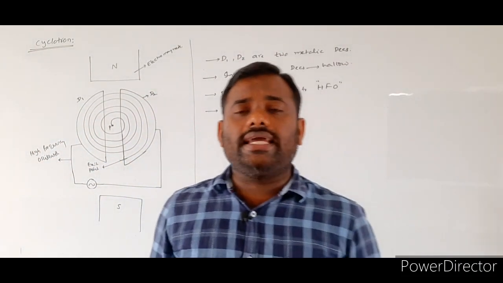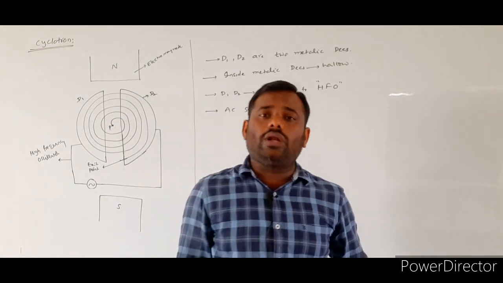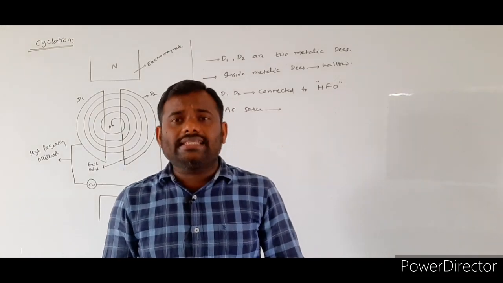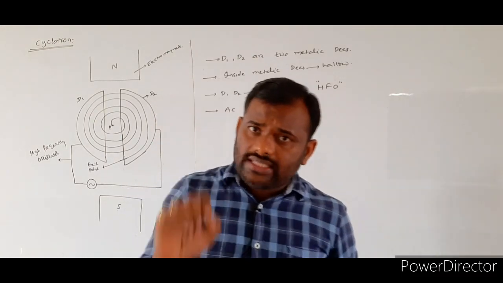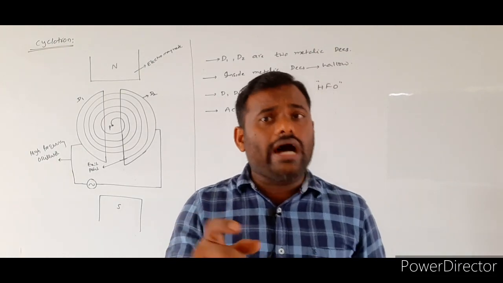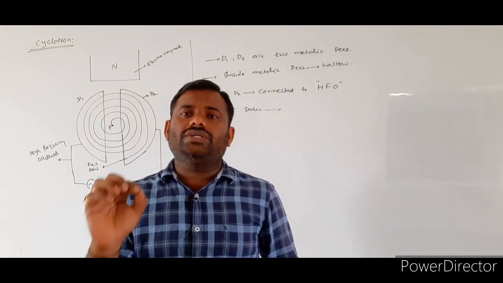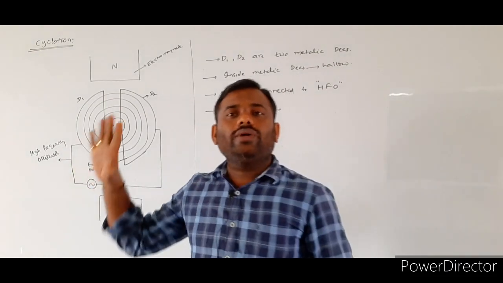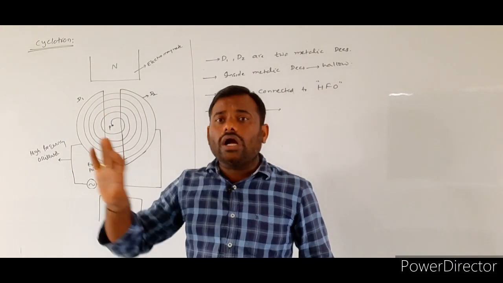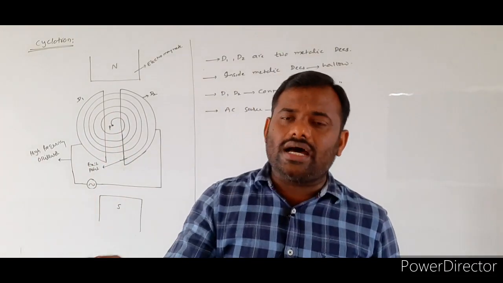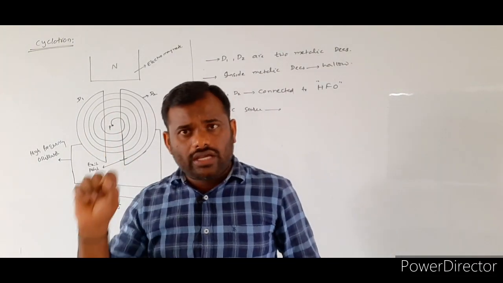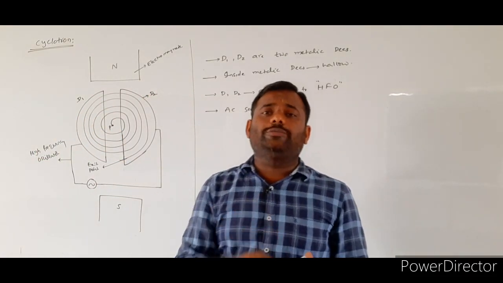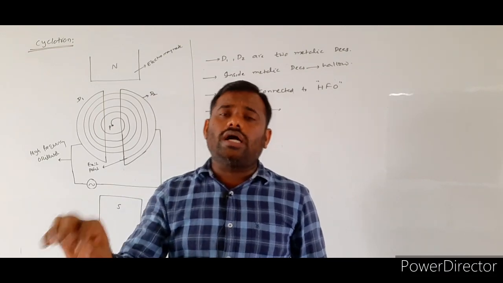Here, in the case of the cyclotron, which type of charged particles do we have to consider? We have to choose the positively charged particles. Always we have to choose a positively charged particle. So in the cyclotron, we can't use the electrons or the negatively charged particles, and a neutral particle like a neutron also can't be used.